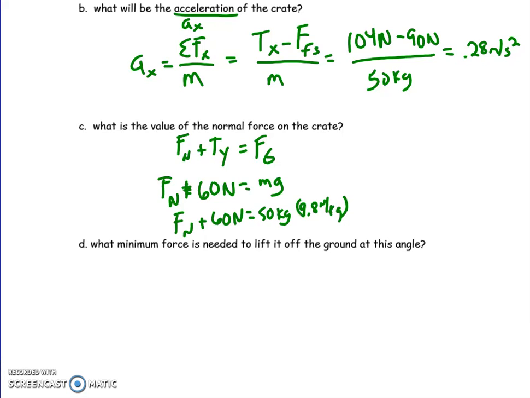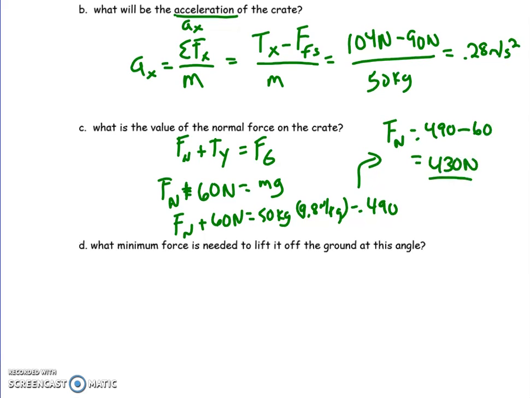Okay, so 50 times 9.8, I believe, is 490. So, solving for this, the normal force equals 490 minus 60, or 430 newtons.